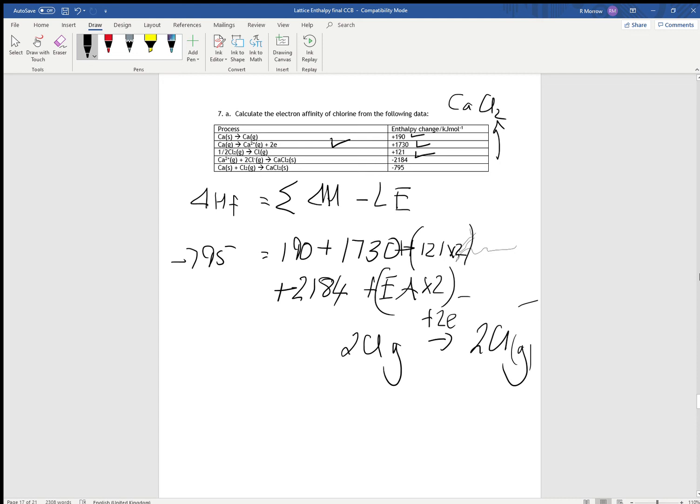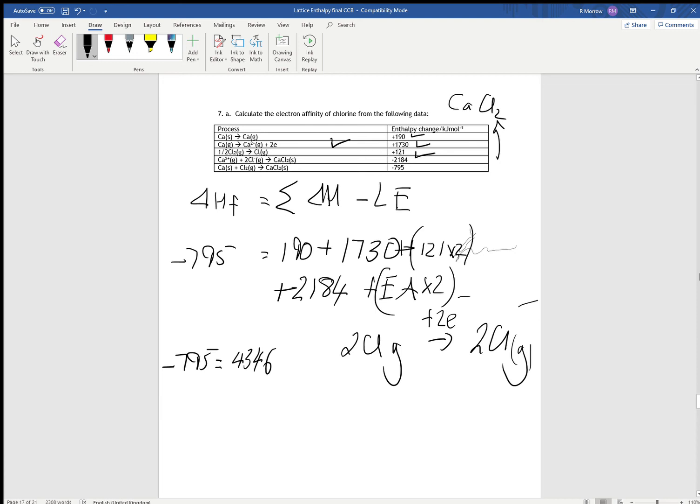Okay, so that gives me on the right hand side 795 equals 4346. Okay, that seems exceptionally high. I've clearly done something wrong here on a calculator somewhere along the lines.